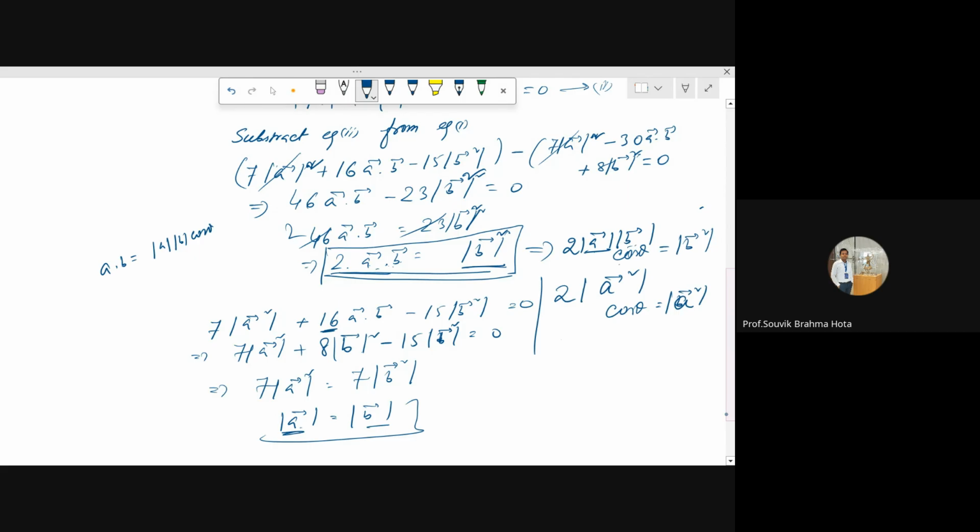So we can cancel them out, and 2 cos theta is equal to 1, so cos theta is equal to half. Cos theta half means theta becomes 60 degrees. So the angle between them is 60 degrees. This is how you can calculate the theta between a and b.